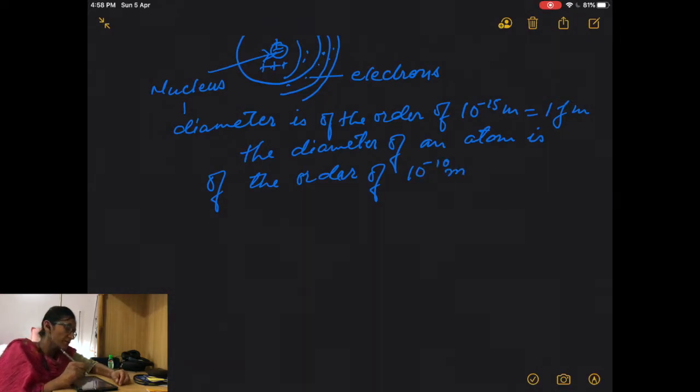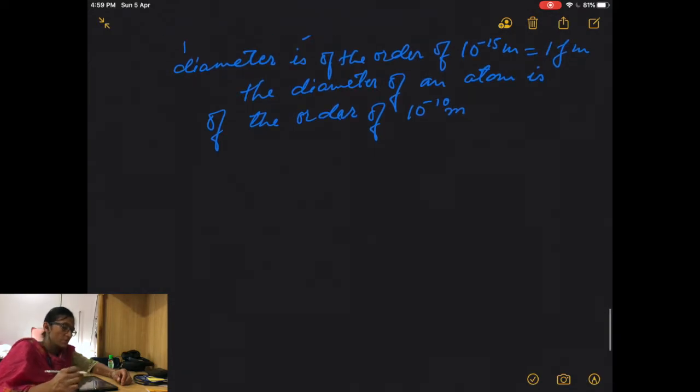So there is a big difference between the size of the nucleus and the size of the atom. Just imagine, if you magnify an atom so that the nucleus is the size of a pinhead, then the atom will be the dimension of a big hall. So you can imagine how small the nucleus of an atom is.